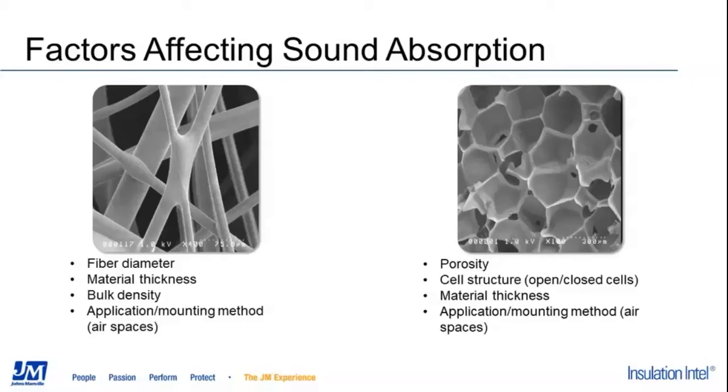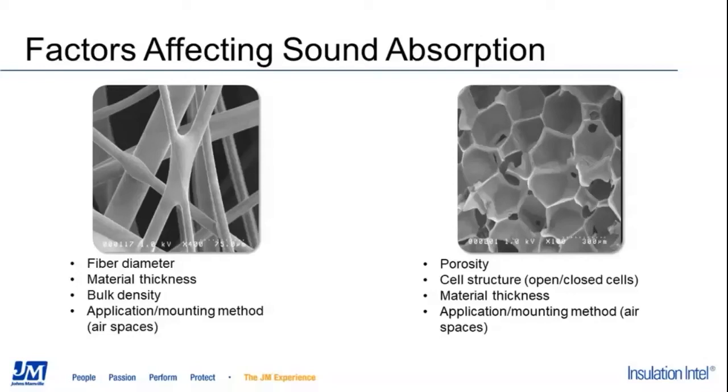The thickness of the material, as I mentioned earlier, as well as the density of the material. And something that also needs to be considered that often gets overlooked is the application or mounting method of the material. It's important to know that how the material is applied can affect the amount of noise reduction performance that can be achieved.